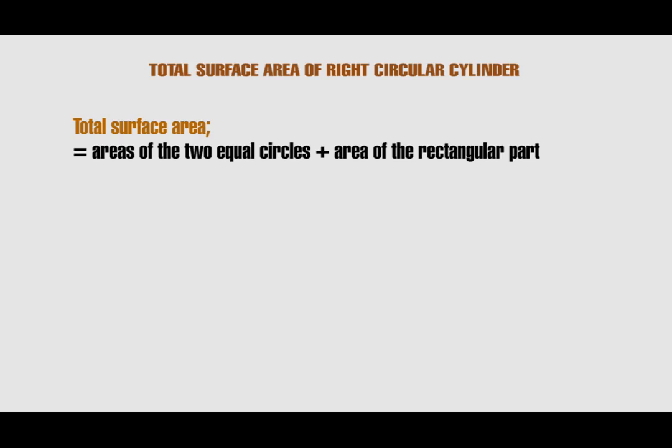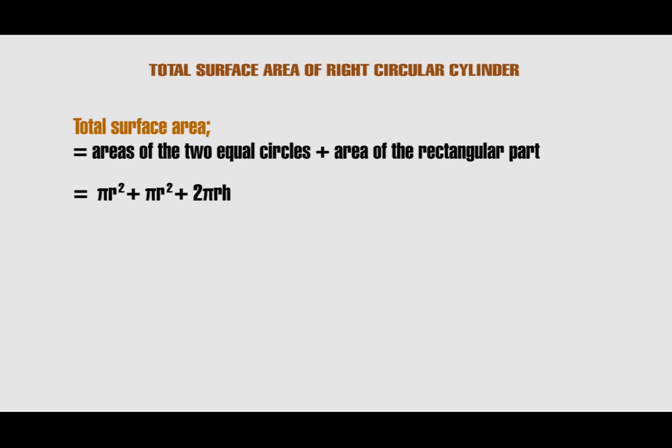Therefore, the total surface area of a cylinder is the areas of the two equal circular parts and the area of the rectangular part. We know the area of a circular object to be pi r squared. Since we have two of them, we are going to have pi r squared plus pi r squared plus the curved surface area, which is 2 pi r h.